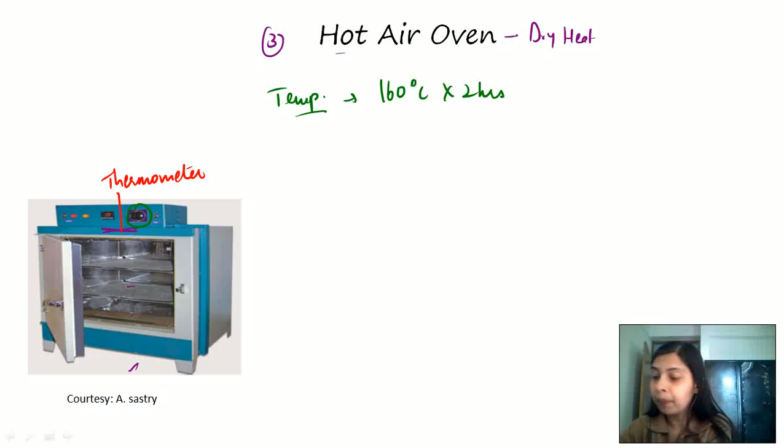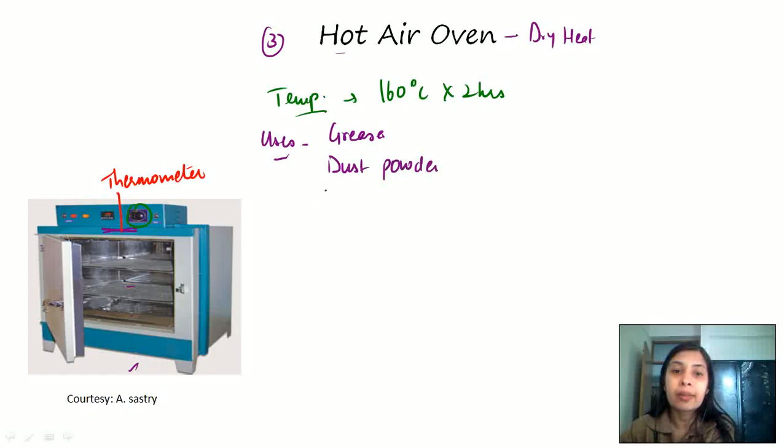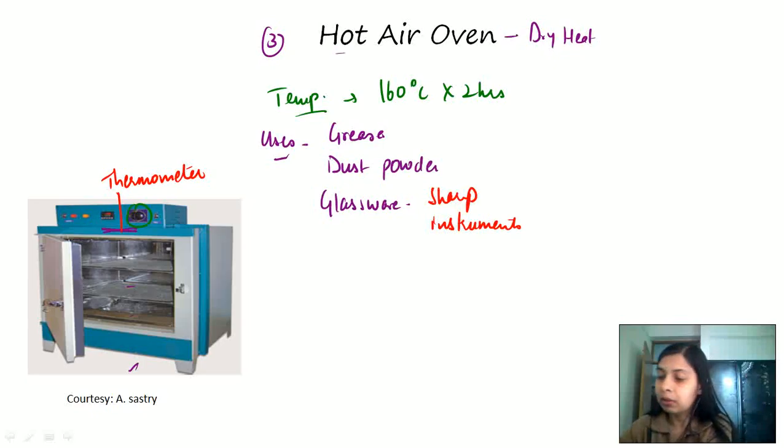And what are the things which are sterilized in this? What are the uses of the hot air oven? It is used to sterilize anything that is having grease, dust, powder, glassware. That is important for us. Glassware, including the sharp instruments. Then glove powder.